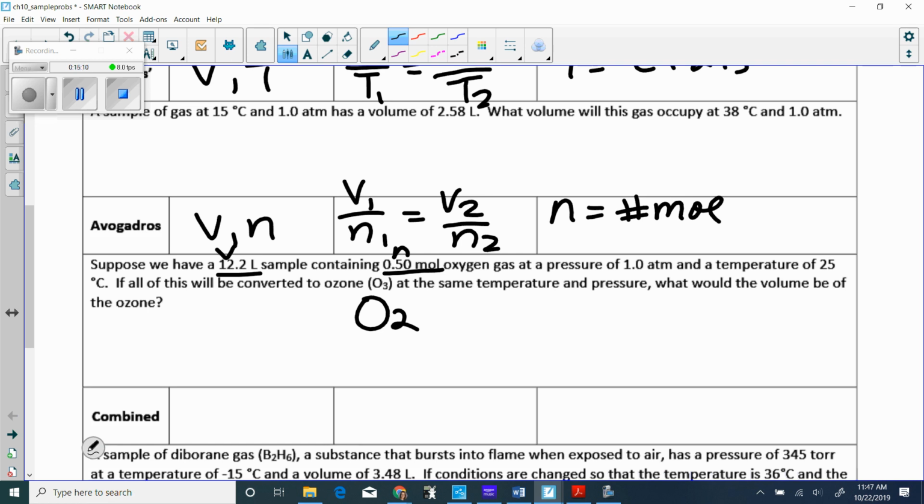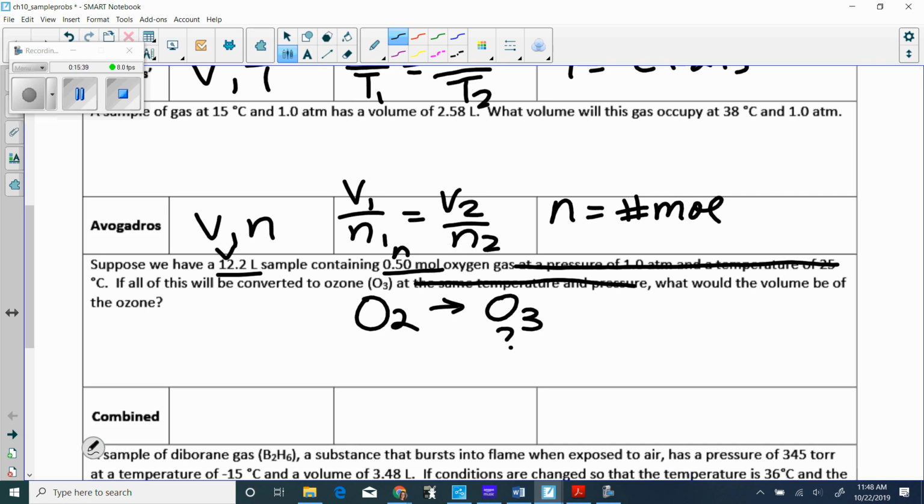If all of this was converted to ozone, at the same temperature and pressure, that just told me that I don't need temperature and pressure. If it's staying the same, it's not going in my math. Always going to happen. Tons of extra information. You're not always going to use all the numbers. If it stays the same, it doesn't go in your math. What would the volume be of the ozone?